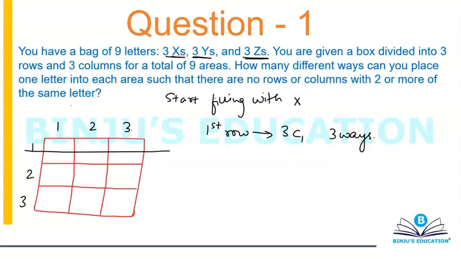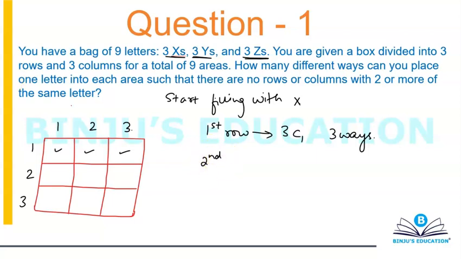Now the x that you're going to place in the first row will either occupy the 1 1 position, 1 2 position, or 1 3 position. It will occupy one of the 3 positions, which means the next x that you will be placing will have only 2 options.